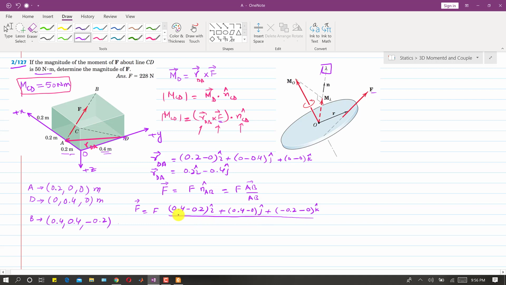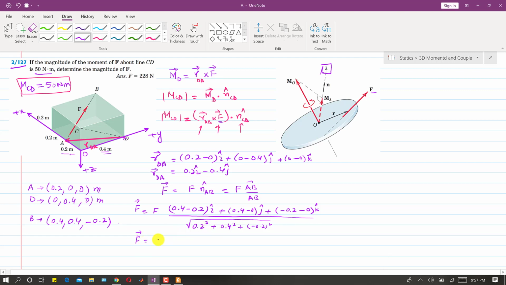So this is 0.2 whole square plus 0.4 whole square plus minus 0.2 whole square, and we take the under root. So this will be equal to the F vector, and first let me find this magnitude.